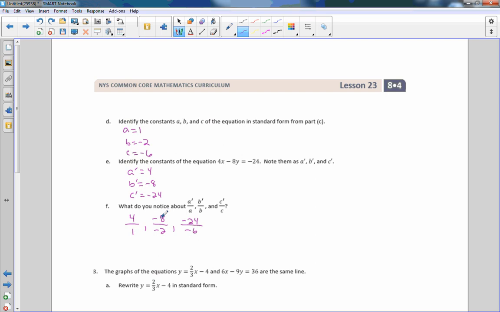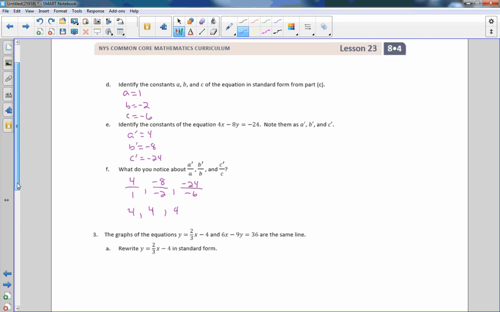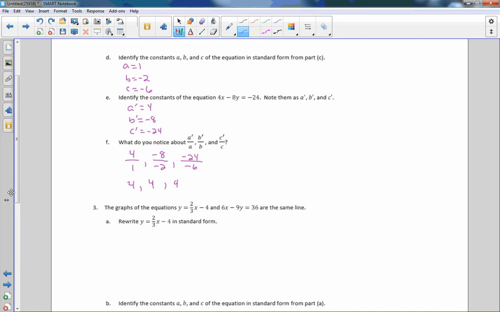So 4 divided by 1 is 4, -8 divided by -2 is 4, and -24 divided by -6 is 4. So these two equations are equivalent. This one is just a multiple of 4 of the original equation. Okay, so if we scale a line by 4, then the points just spread out, and it's still the same line.